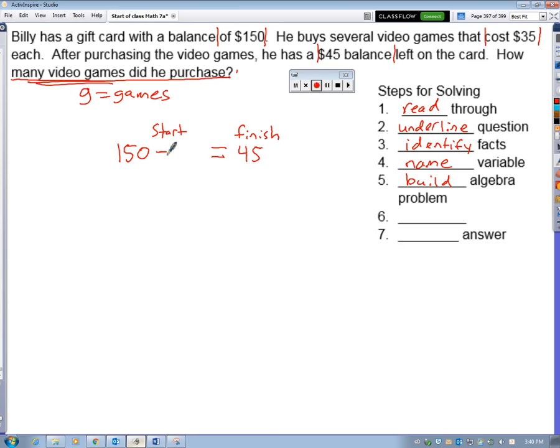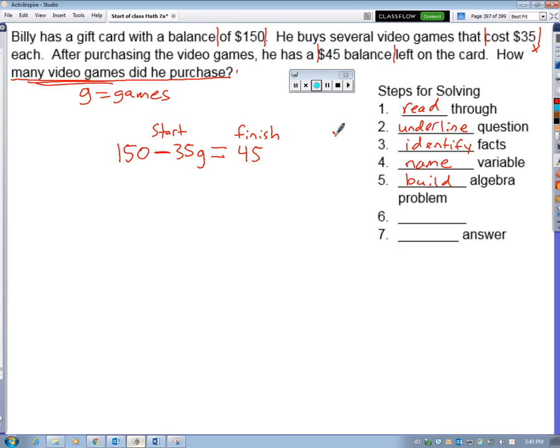So I'm going to be subtracting the video games that he bought, and the video games cost $35 each. Okay, so that's going to be multiplying, because we're going to go $35 times the number of games he bought. Okay, so it's going to be 35 times the number of games. The games are going to be G, and that equals the $45 balance he has left on his card.